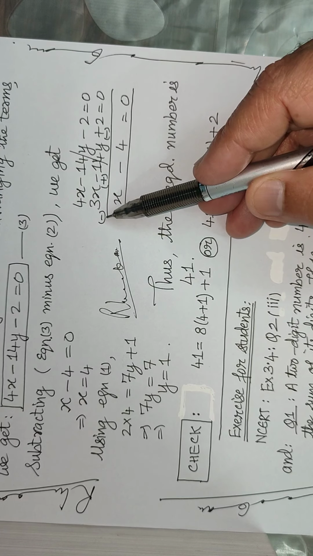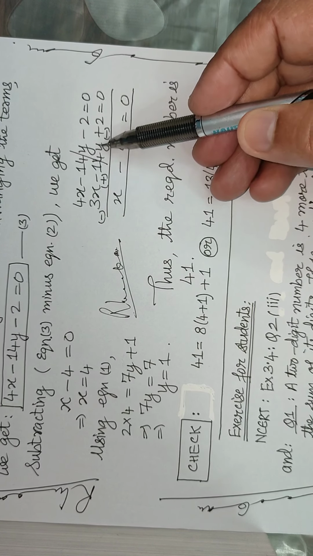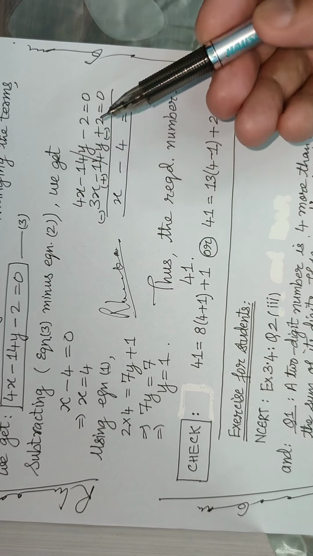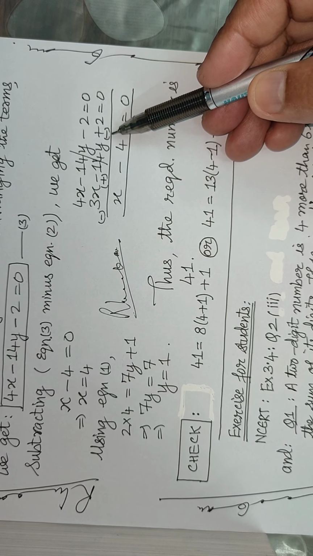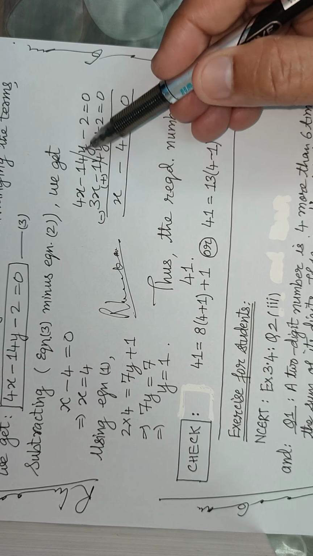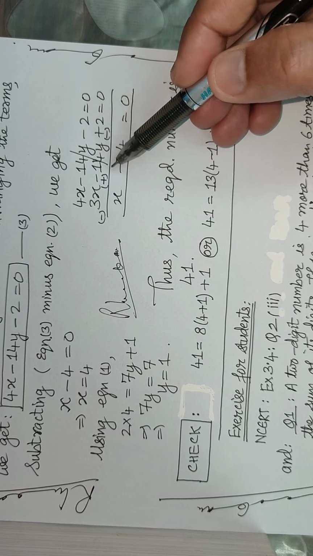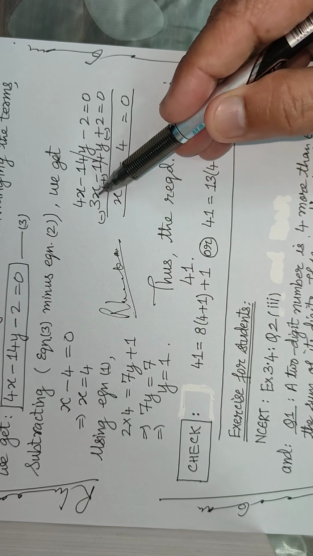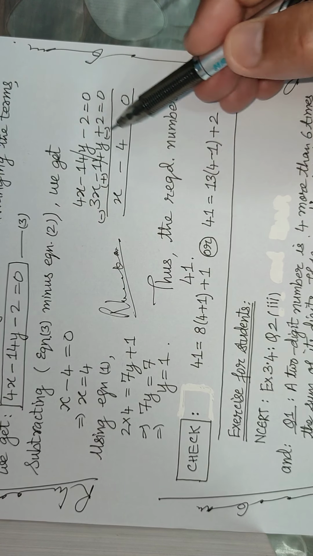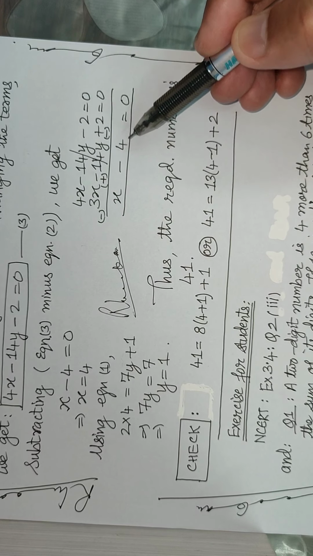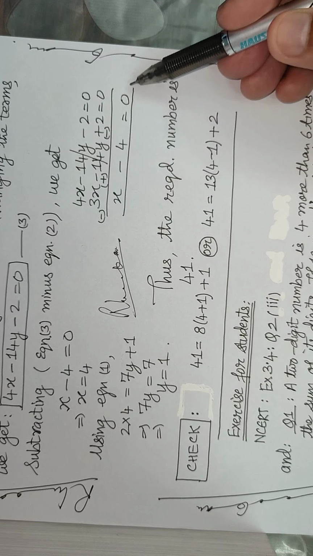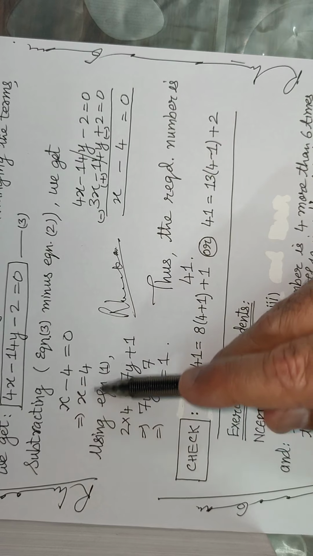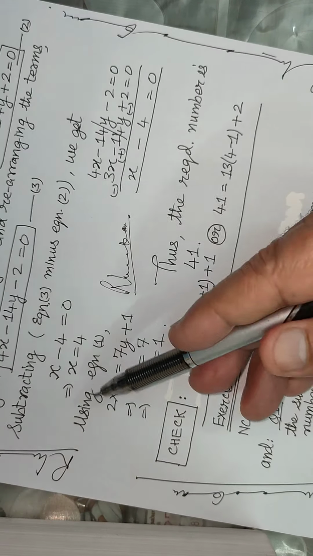So 3x becomes minus 3x, minus 14y becomes plus 14y, and plus 2 becomes minus 2. Again, minus 14y and plus 14y get cancelled. 4x minus 3x is 1x. Minus 2 and minus 2 is minus 4. So we get x minus 4 equal to 0. So we have x equal to 4.